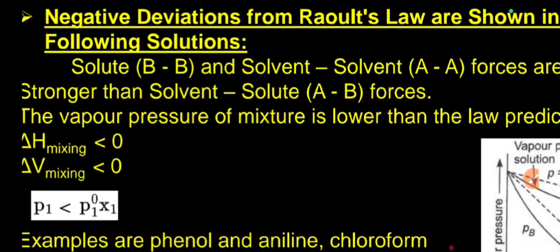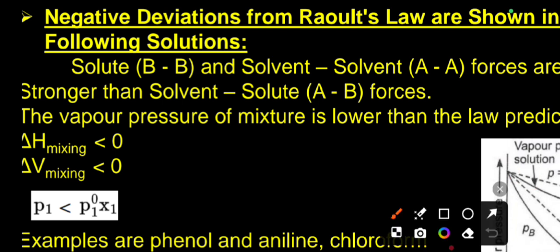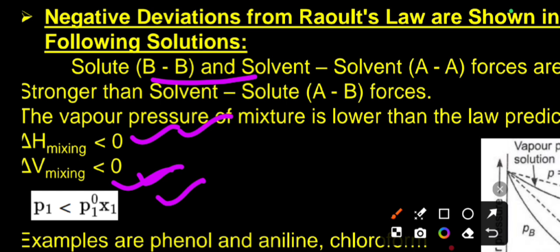Our next type is negative deviation. In that, everything will be negative: del H will be less than 0 and del V will be less than 0. It means the total volume will decrease and the total change in enthalpy will also decrease. Why will volume decrease?